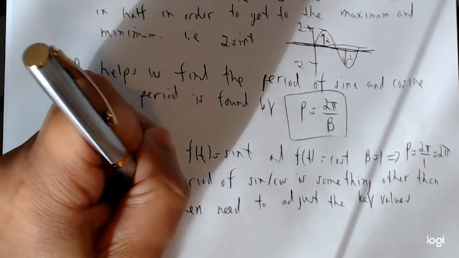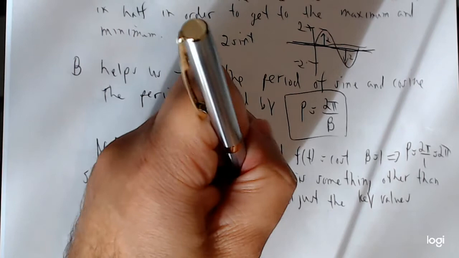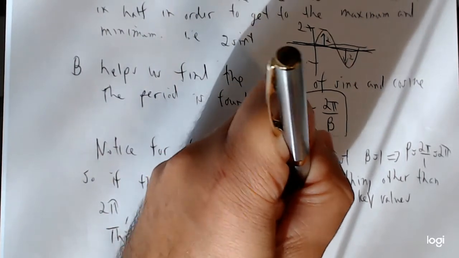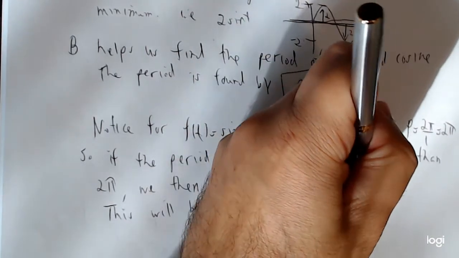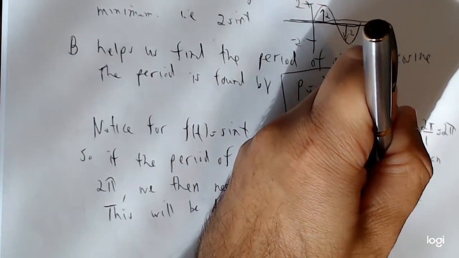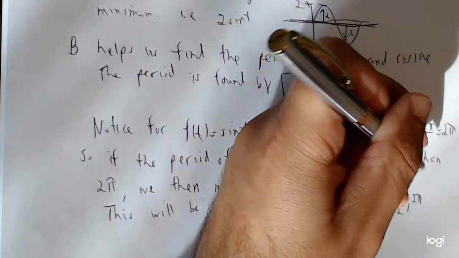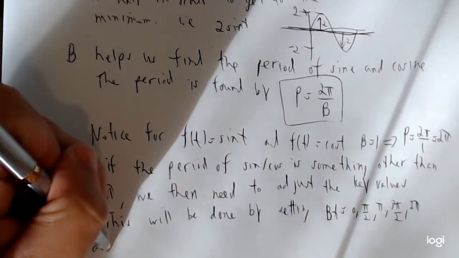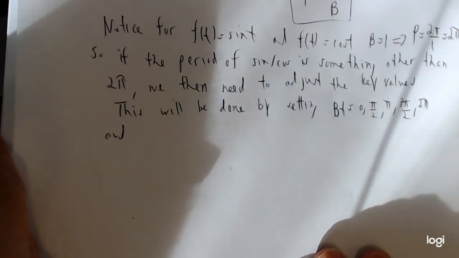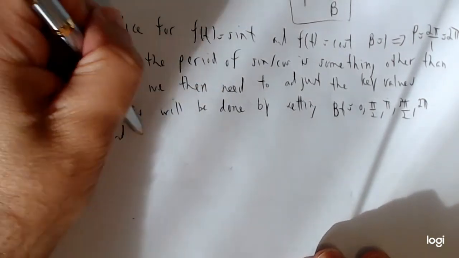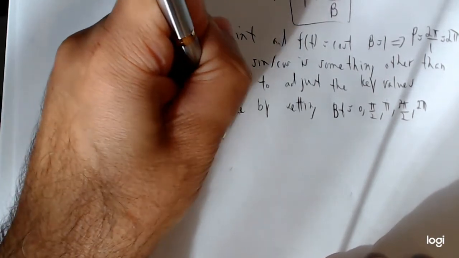This will be done by setting bt equal to 0, pi over 2, pi, 3 pi over 2, 2 pi, and what we're going to do is solve for t.